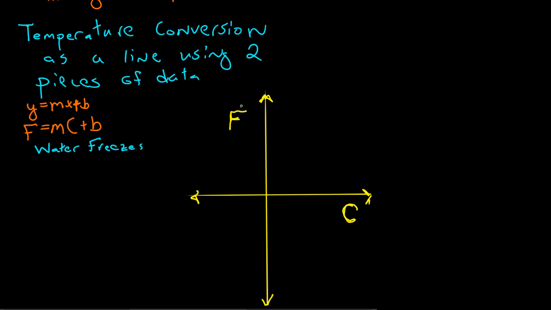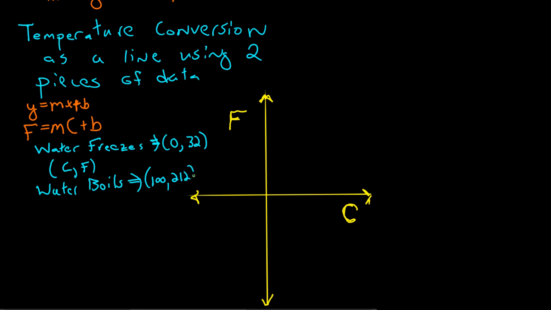My points, my data pair, has to be C, F. And so water freezes at 0 Celsius, which is 32 Fahrenheit. And water boils at 100 Celsius or 212 Fahrenheit.